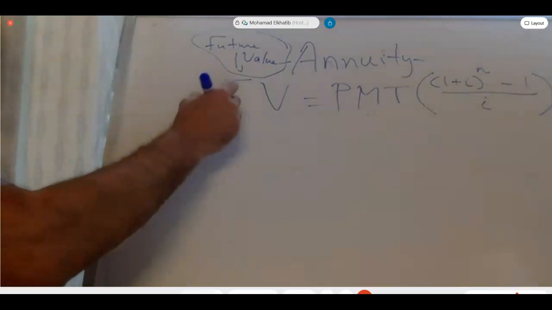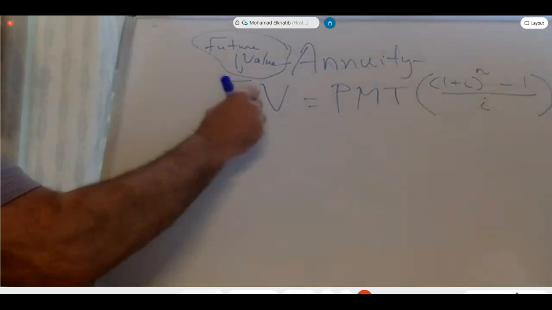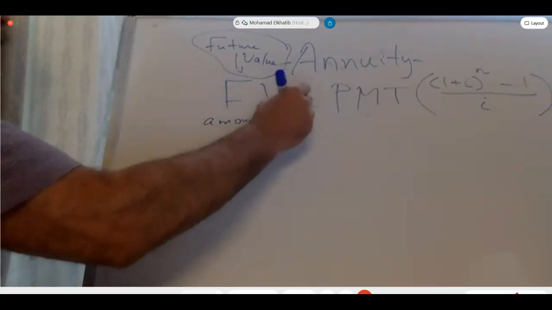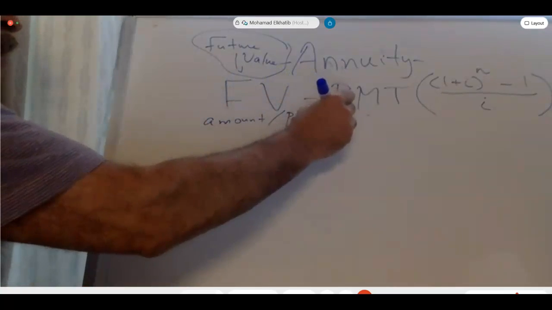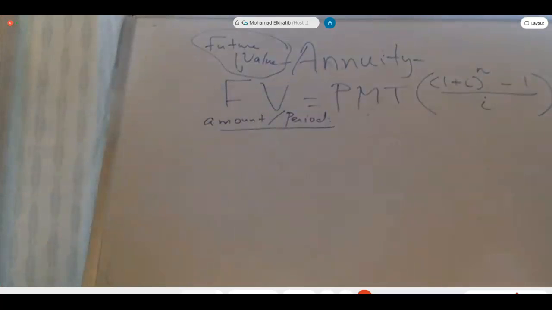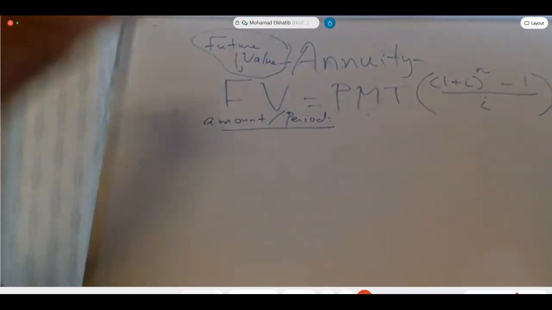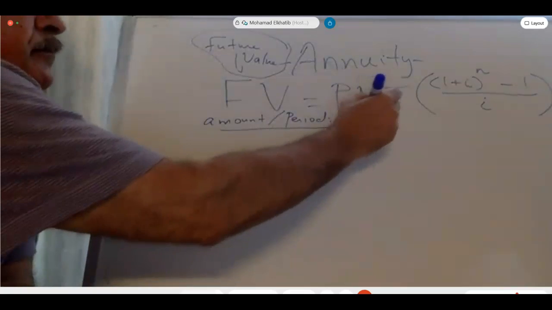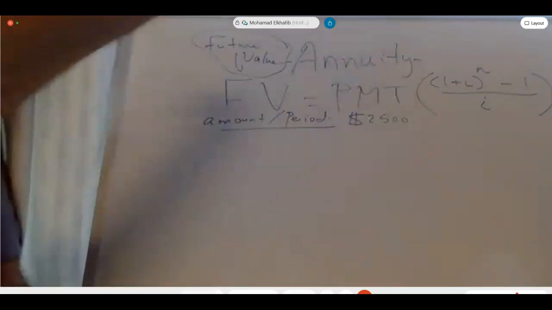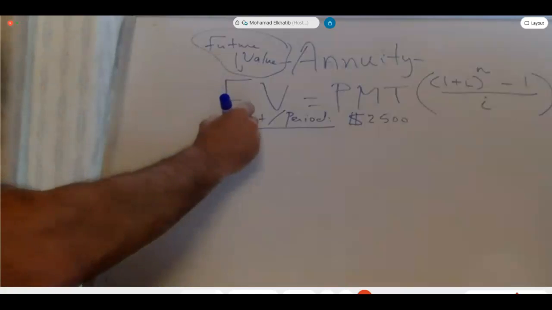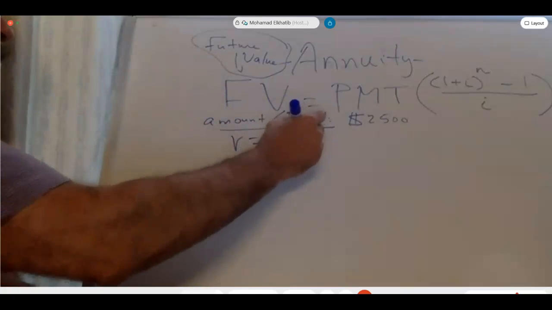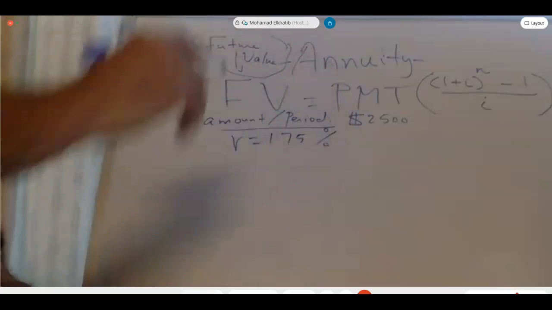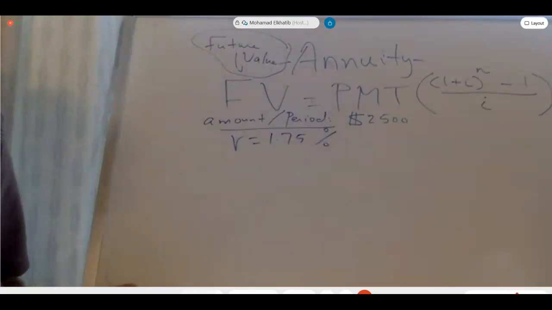So let's say you ask them to take an amount per month, an amount per period, out of your paycheck. You said, you know what? I can survive if you take $2,500. And they're going to be very conservative, meaning they're going to invest your money in maybe utilities. When you put your money in utilities in the stock market, you don't really lose money, but it goes up very slowly.